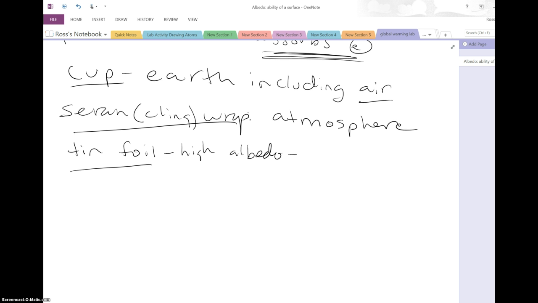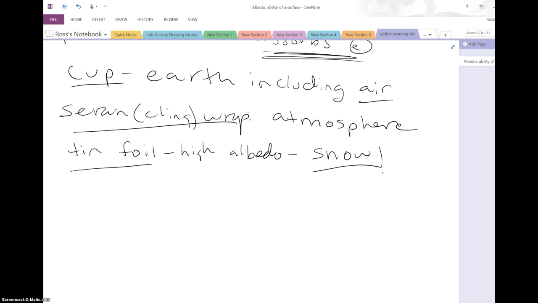What's the lightest color thing that we know on Earth, right? The lightest surface. Probably something that's been falling a lot lately. Snow, right? Snow up in the polar ice caps, snow and ice reflects most of the sun's energy and keeps the Earth cooler.